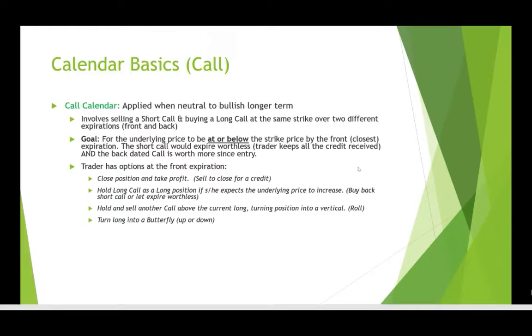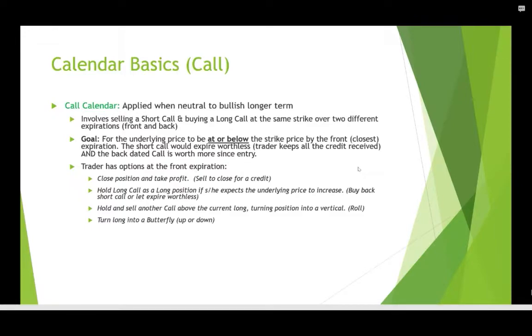Well, roll it. Roll that short call to a higher strike. Now, if you roll it to the same strike out to a future expiration, you would get a credit. If you roll it higher, and if you roll it much higher, you're going to end up having to pay some for that.